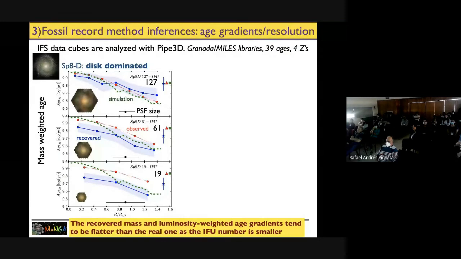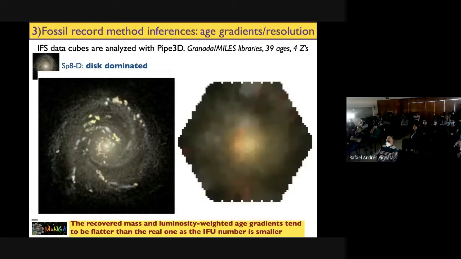For example, here I show you the mass-weighted age as a function of the radius for a spiral galaxy, a Milky Way-sized galaxy. Here are the simulations, and here is how it looks as seen in MaNGA.